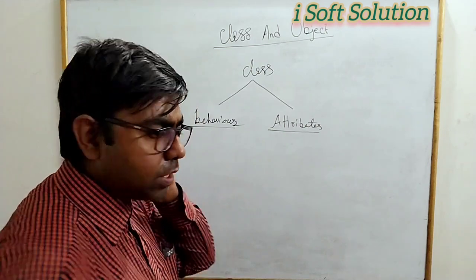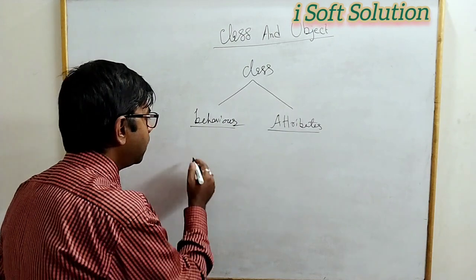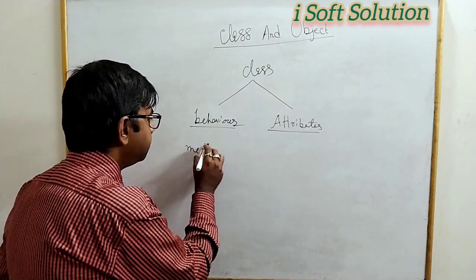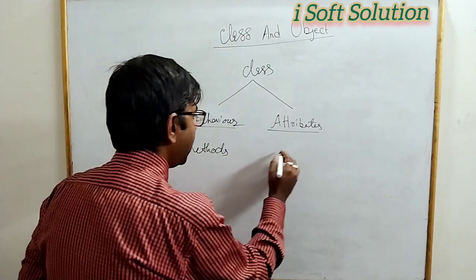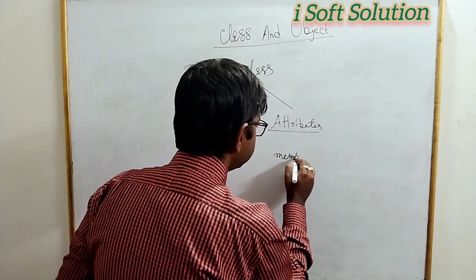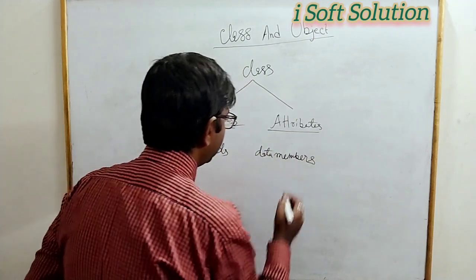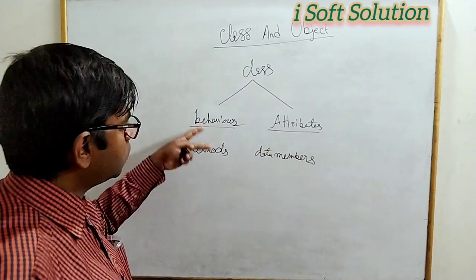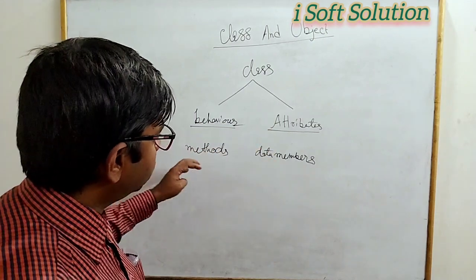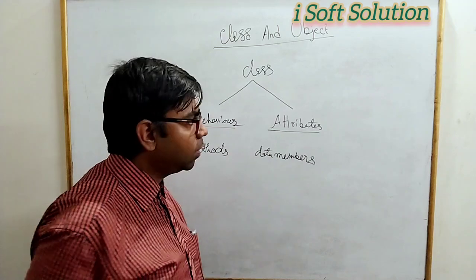But logically or programmatically, we can say that class is a collection of methods and data members. So if you correlate these two topics with this, you can find that data members are somehow similar to the attribute.